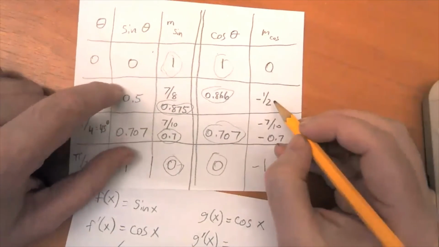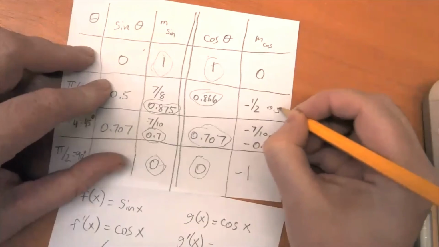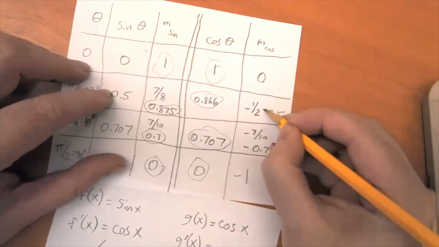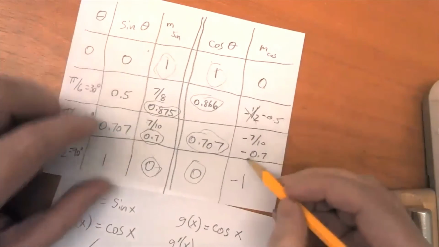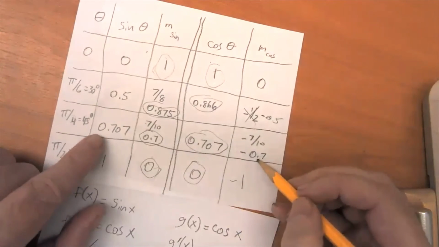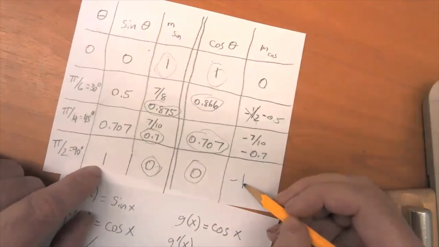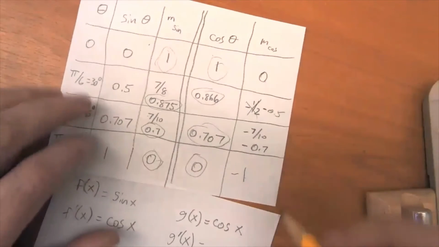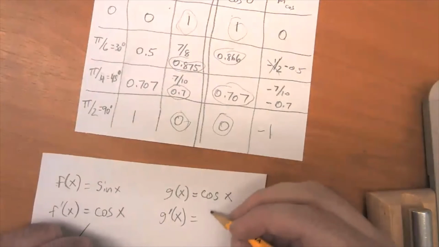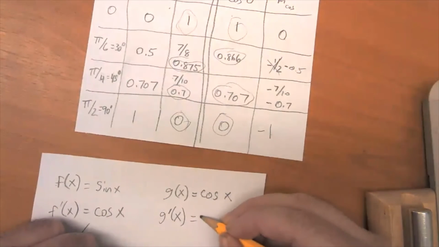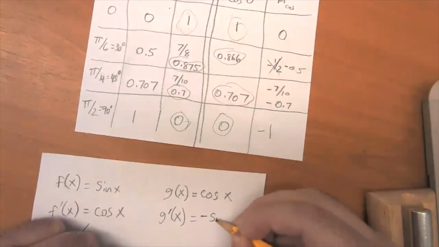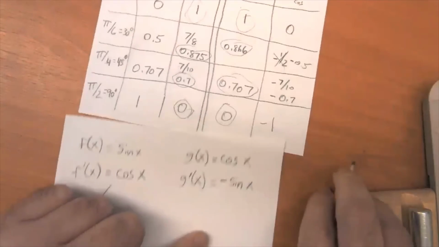So 0 and 0, that would be 0.5, which is, I'm sorry, negative 0.5. This is negative 0.7, and this is 0.707, and this is negative 1 and positive 1. So it looks like there's this connection between the derivative of the cosine and the sine function, except that the derivative of cosine is the negative of sine of x.